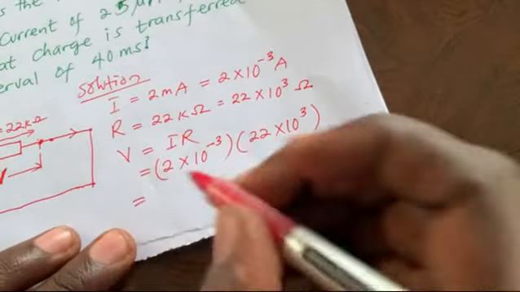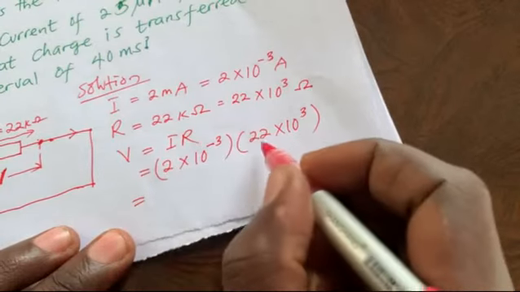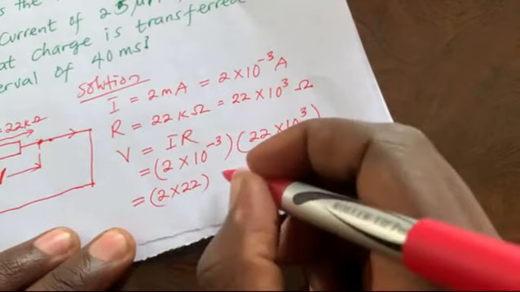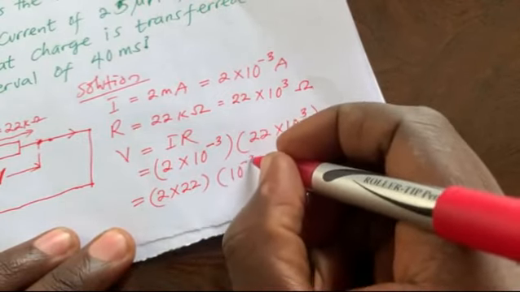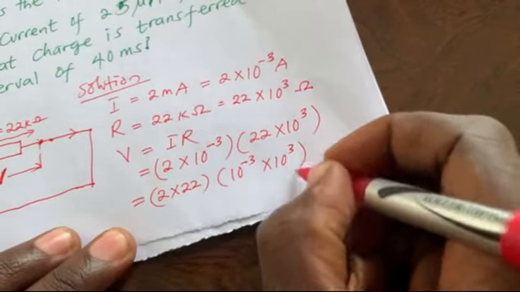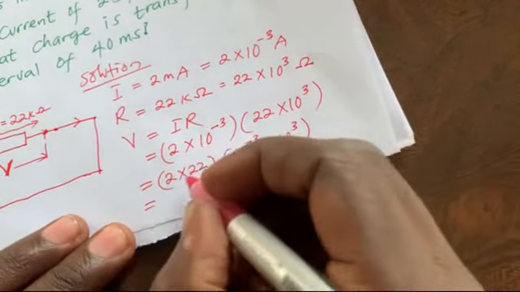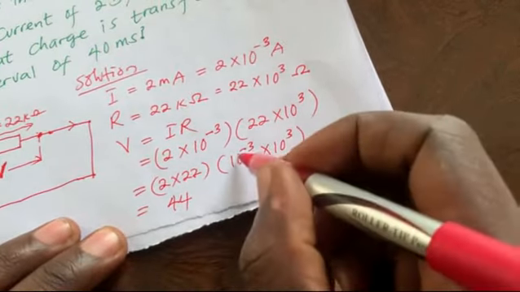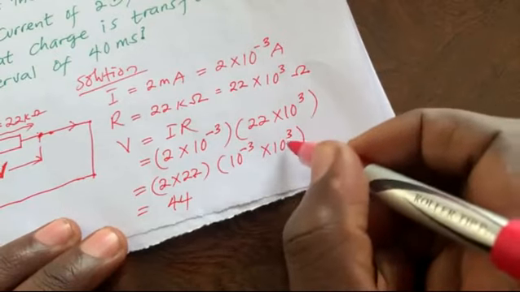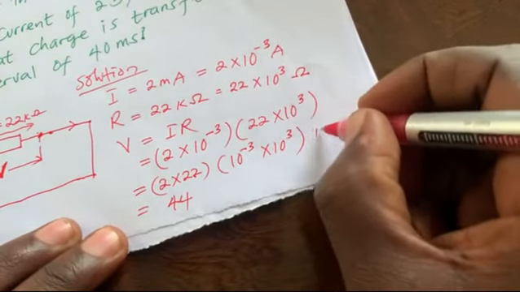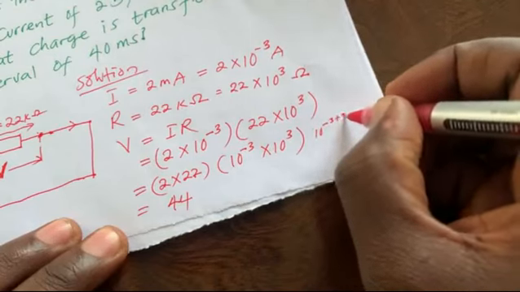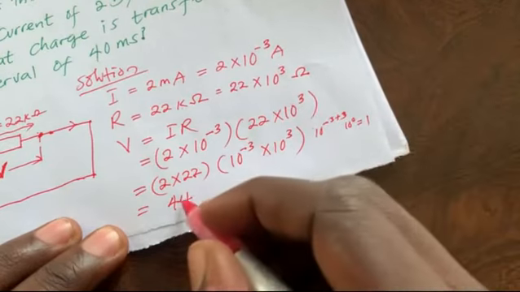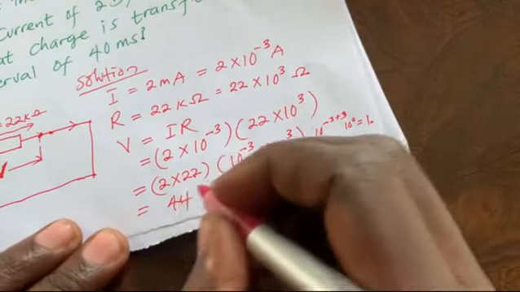You can combine these numbers, 2 times 22, and next you combine 10 raised to the power of minus 3 times 10 raised to the power of 3. 2 times 22 will be 44, and then from law 1 of indices, this will be 10 raised to the power of minus 3 plus 3, and minus 3 plus 3 is 0. 10 raised to the power of 0 becomes 1, and 44 times 1 is 44, so our result is 44.